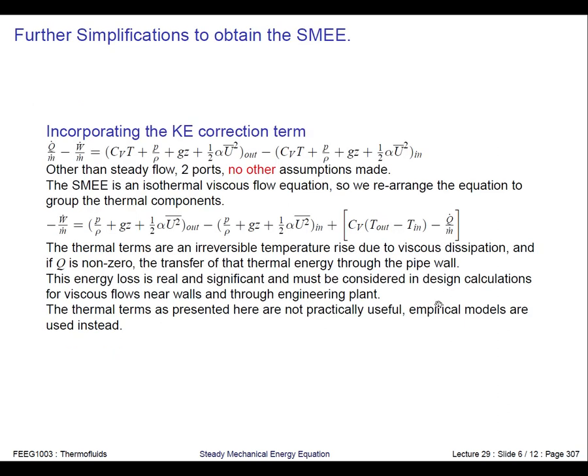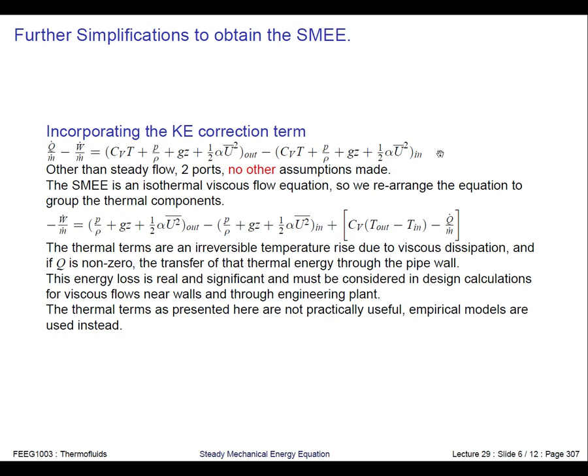So our steady mechanical energy equation now looks a bit like this. I've divided everything by the mass flow, and I've got my various energy terms: my internal energy, my pressure, my potential energy, my kinetic energy on the outlet, my kinetic energy on the inlet.